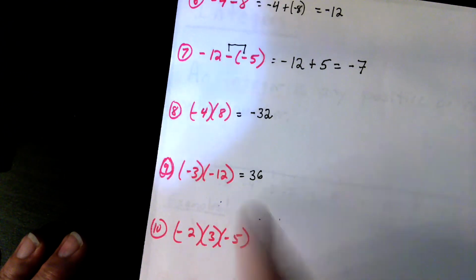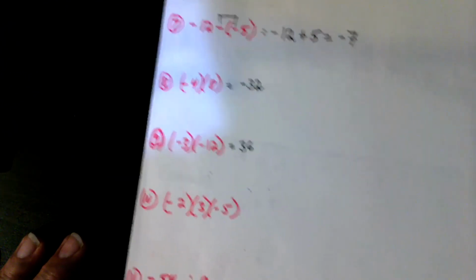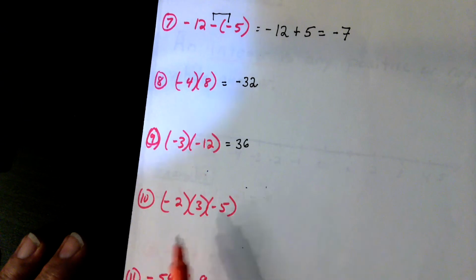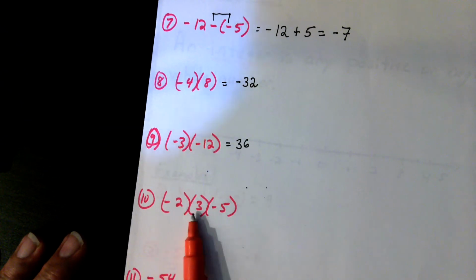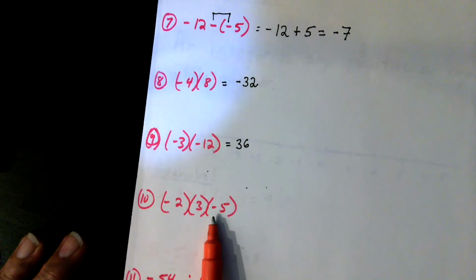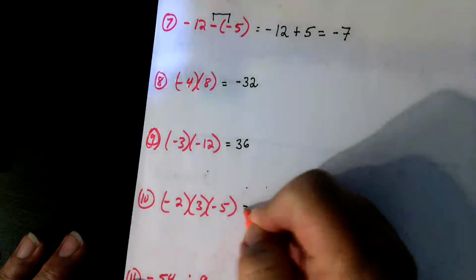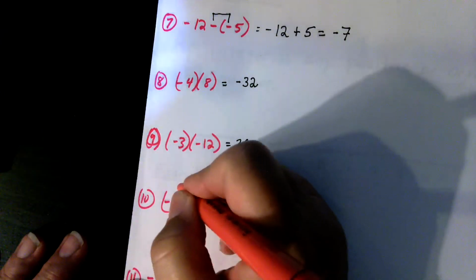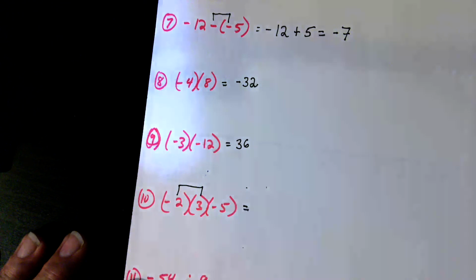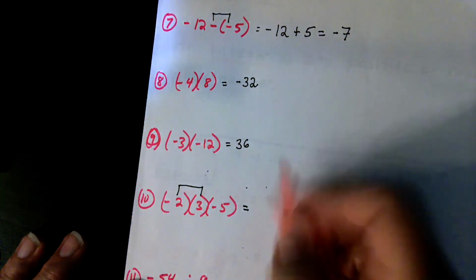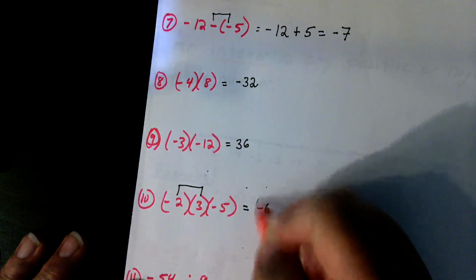Then to throw a little twist on it, I have three integers I'm multiplying. Negative 2 times a positive 3 times a negative 5. So let's do the first two. Negative 2 times a positive 3 yields a negative 6.